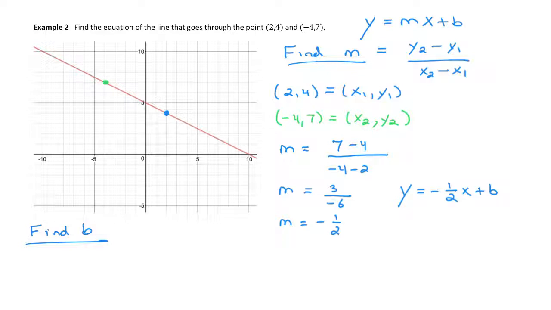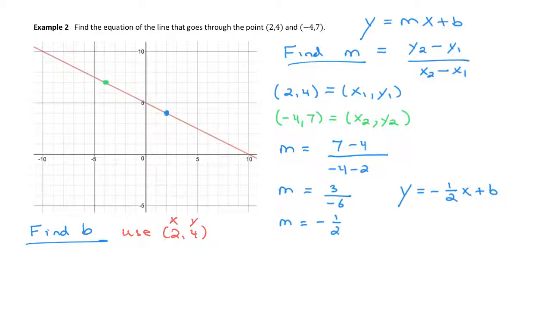To do this, I'm going to take one of my two points, and it doesn't matter which, so I think I'll choose this point here. 2 is an x value and 4 is a y value. I'm going to plug that information into this equation, so something will be in place of x and something will be in place of y. That will allow me to solve for b. So to find b, I'm going to use the point (2, 4), where x is 2 and y is 4.